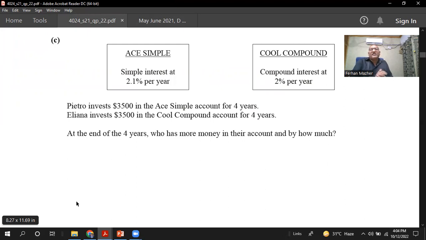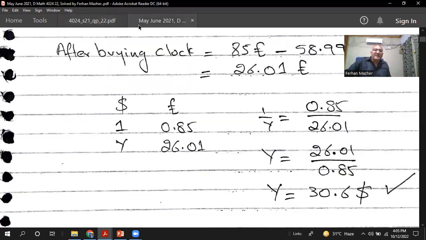Aliana invests $3,500 in the Cool Compound account for 4 years. At the end of the 4 years, who has more money in their account and by how much? Very simple, it's a question on simple interest and compound interest. We will find the amount at the end for both cases, and we'll see who has more money.